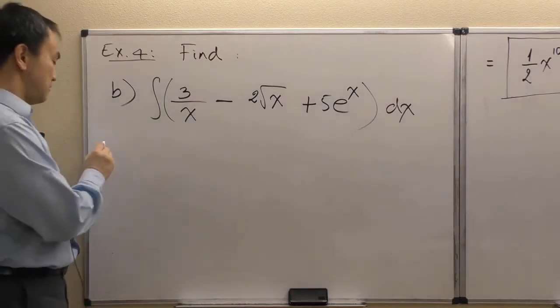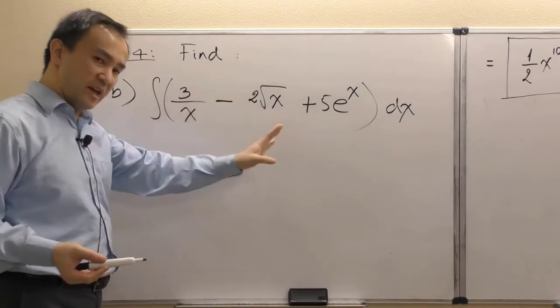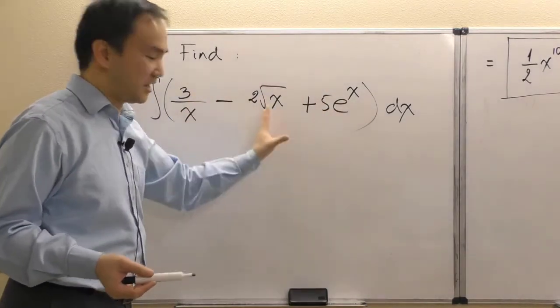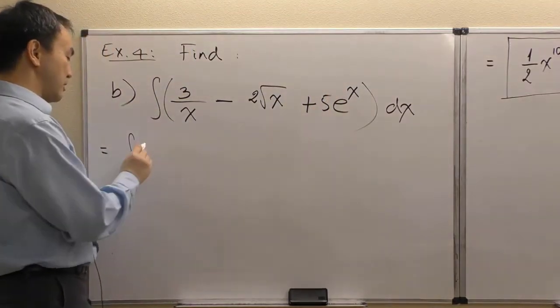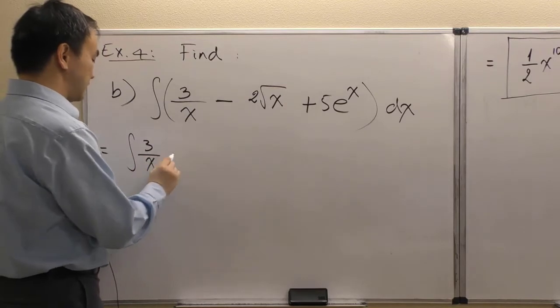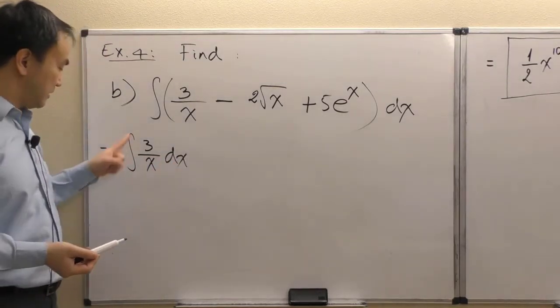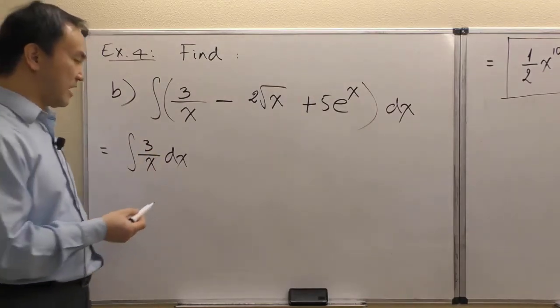All right, so the sum and difference rule first allows me to find the antiderivative term by term on the 3 separate terms here. So that means I'm going to produce the antiderivative for 3 over x as one separate term for our antiderivative.